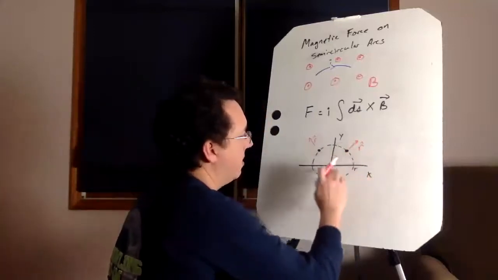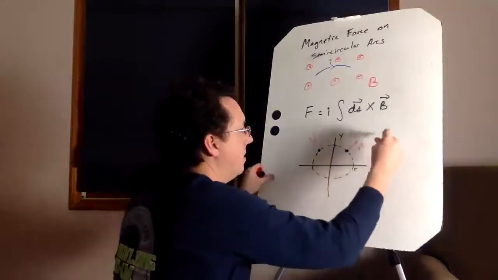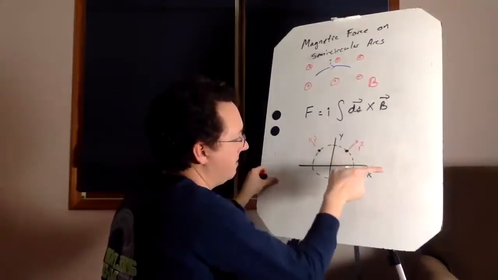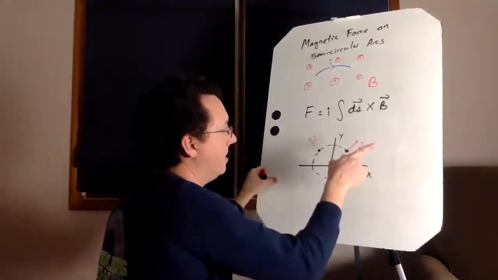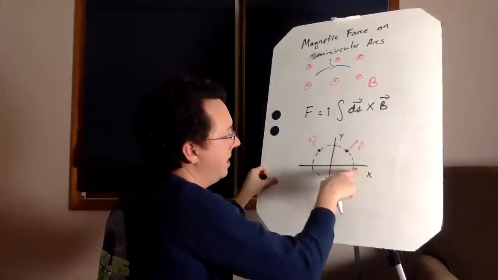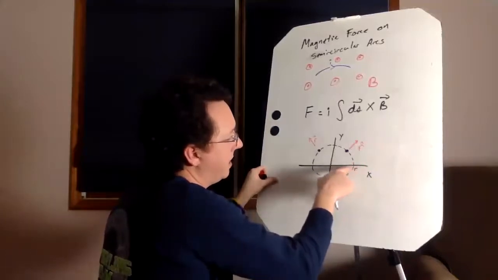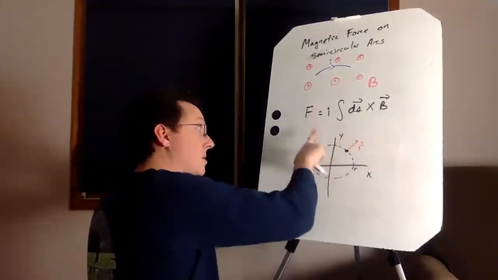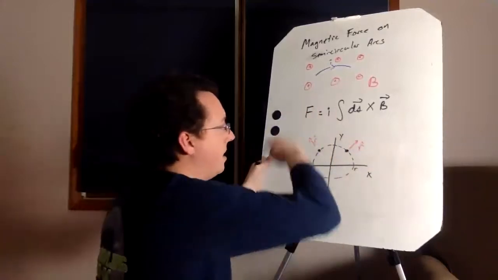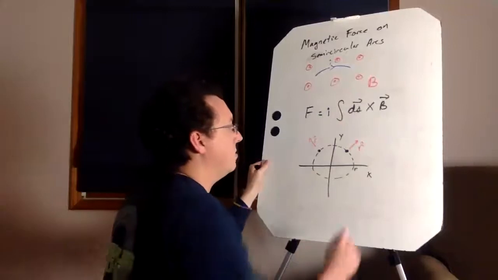It's not too hard to see that r hat has to be positive in the x direction in the first quadrant and positive in the y direction in the first quadrant. When you're standing along the x-axis, it has to be straight to the right. Standing at the y-axis, it has to be straight up, and it has to be periodic under shifting theta by 2 pi.